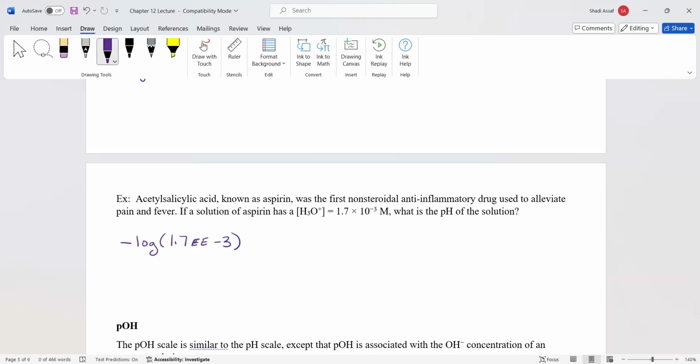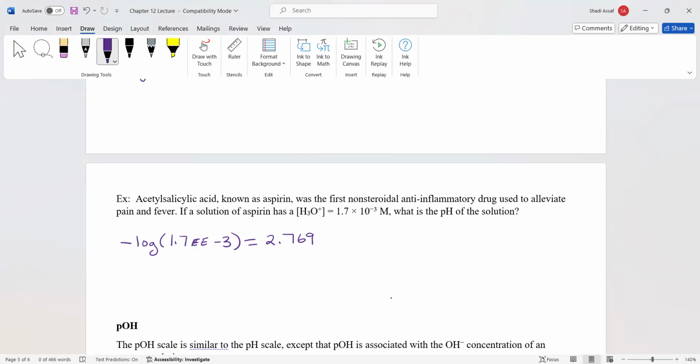So that is the equation that you will need to use. After plugging it in, you will get 2.7. Let's stop at the 6769.